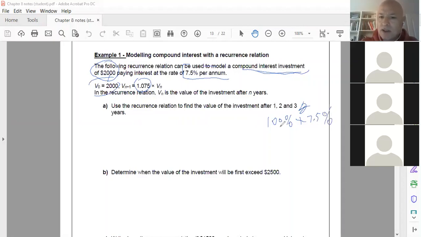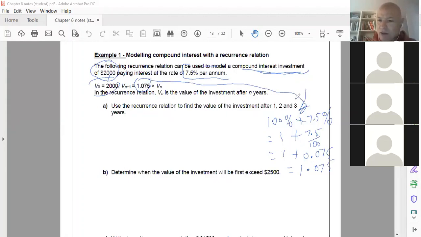Okay, 100 divided by 100, so that's just 1 because that's what percentage means, divided by 100, plus 7.5 divided by 100. Now 7.5 divided by 100 is 0.075. Add it together, you get 1.075. And that's how we get that number there.